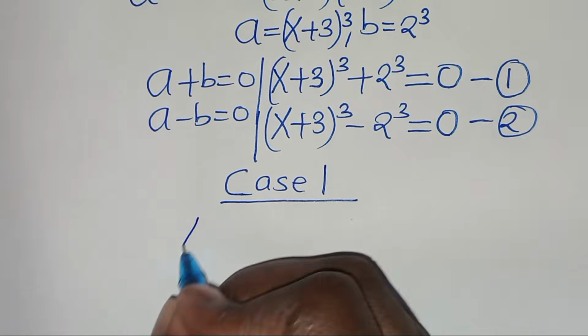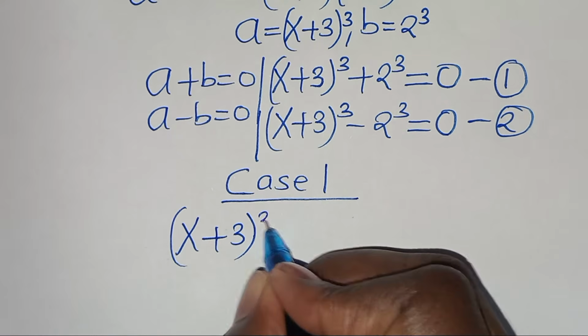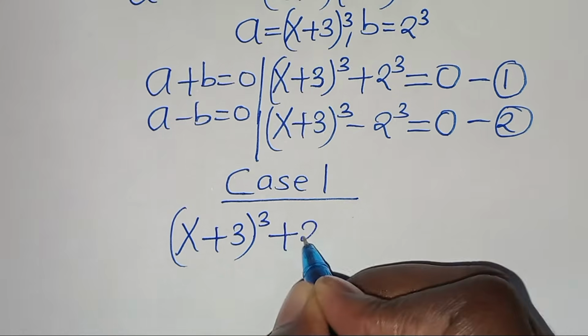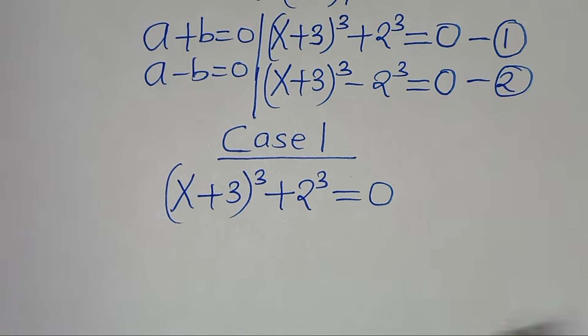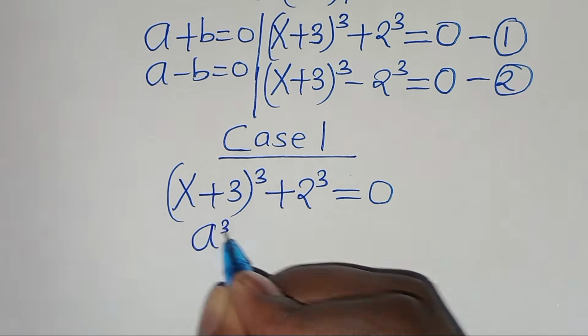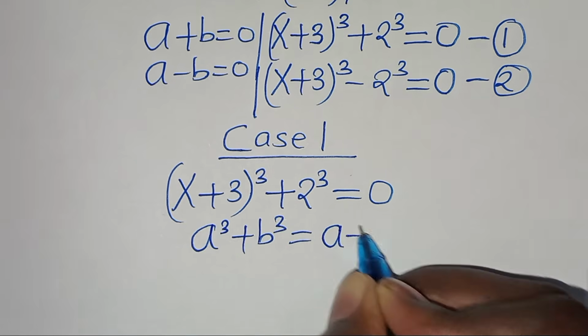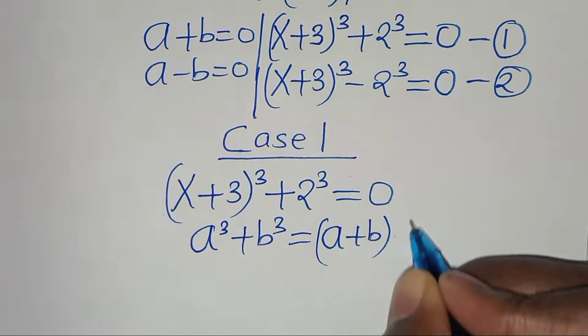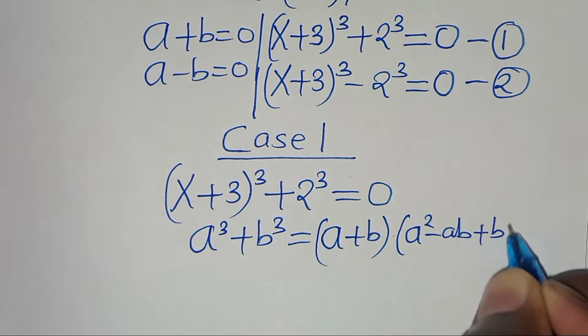So this implies we have (x+3)^3 plus 2^3 equal to 0. This is the sum of two cubes, and remember, this is in the form of a^3 plus b^3 that we can express as (a+b)(a^2 minus ab plus b^2).